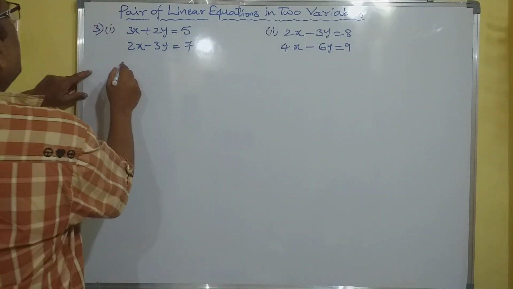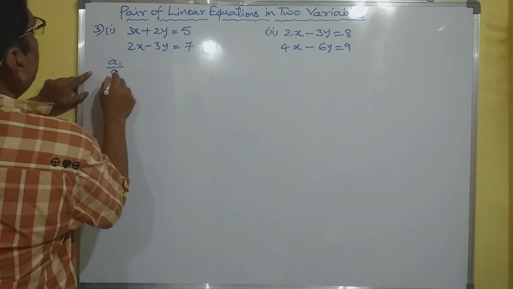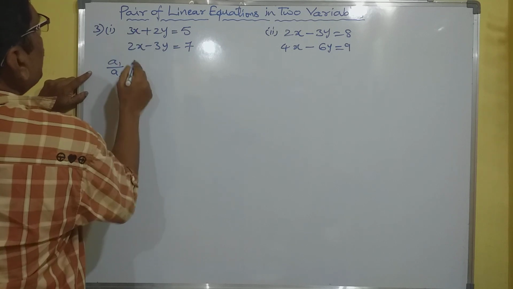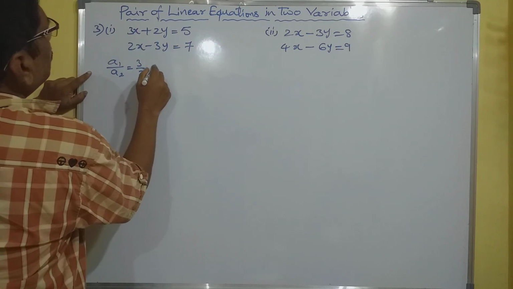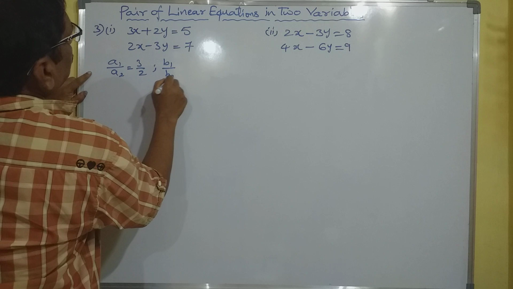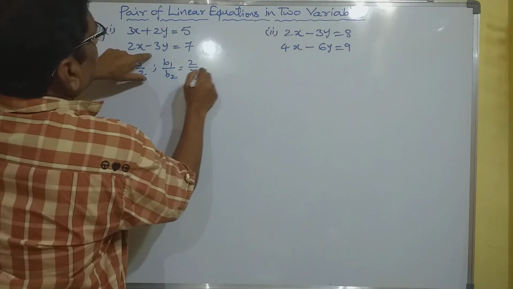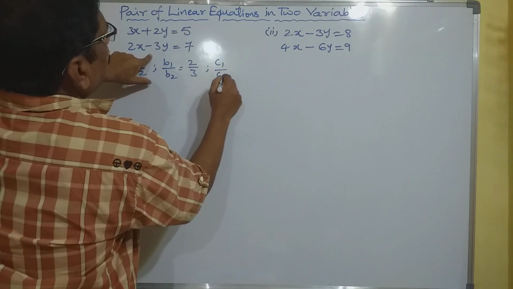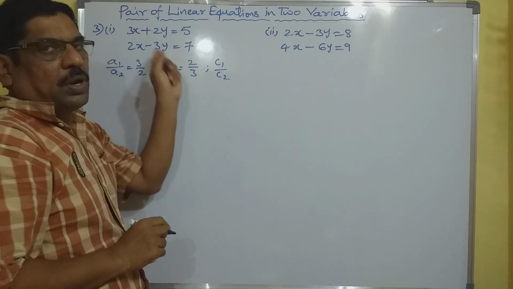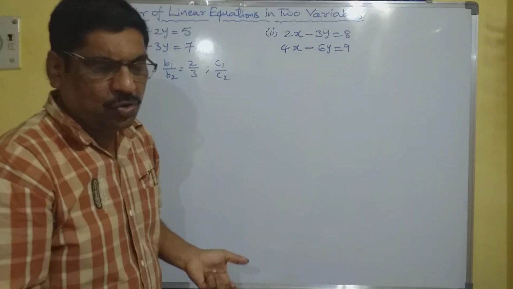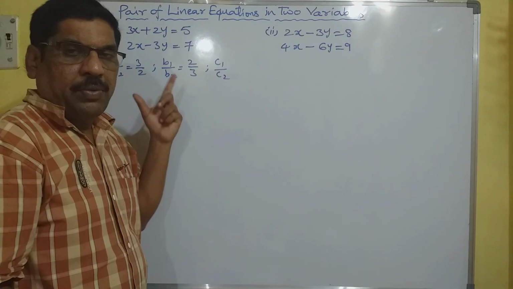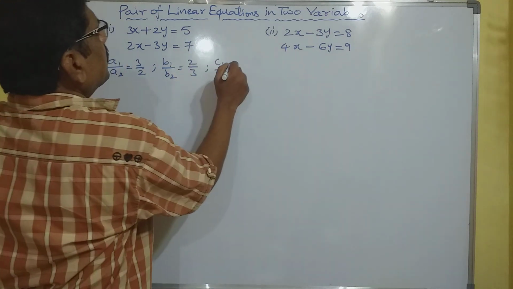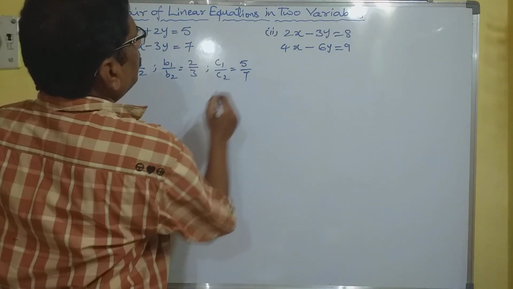Now look at this. Here a1 by a2 is equal to the coefficients of x, 3 by 2. b1 by b2 is equal to 2 by 3. And c1 by c2, both are in the RHS, no problem, we can treat them as c1 and c2. They are 5 by 7.